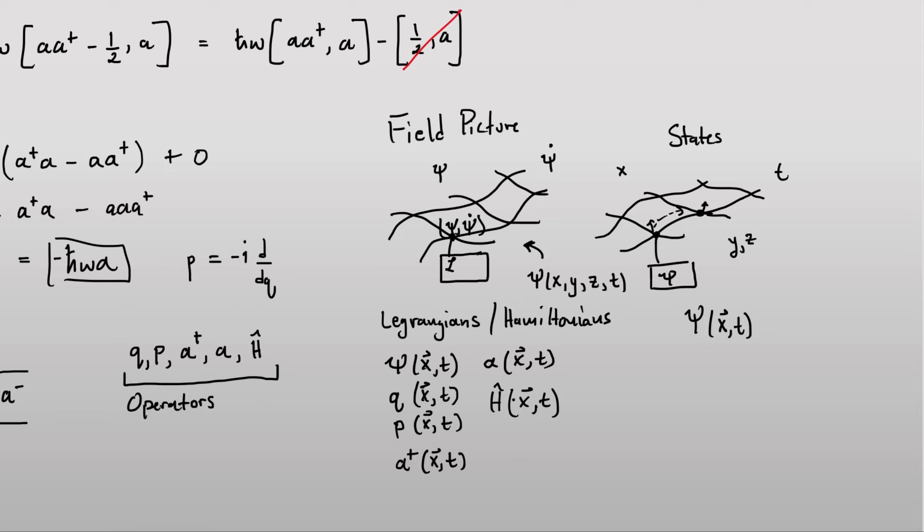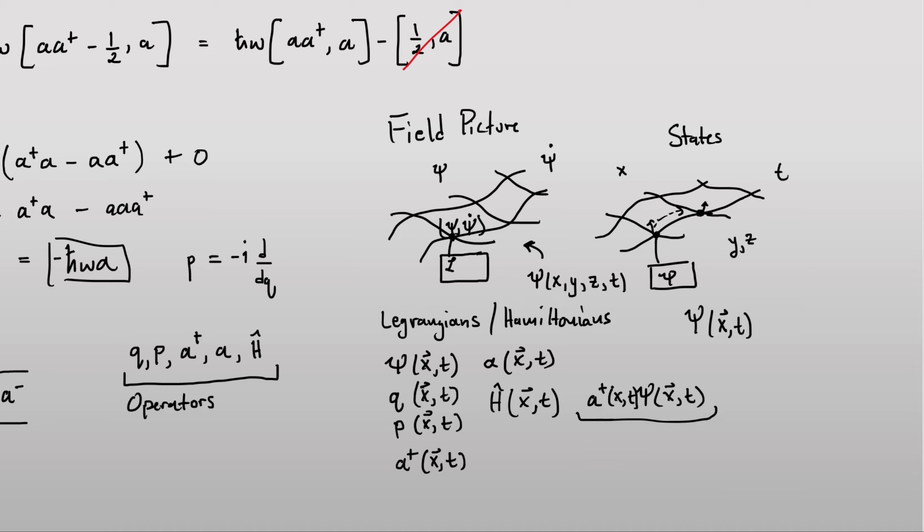Okay, so our picture becomes, take for example, if we could operate on a state. Here's a state. This is a function of space and time, and we wanted to operate on that state with our raising operator. We can actually begin to make sense of this now.